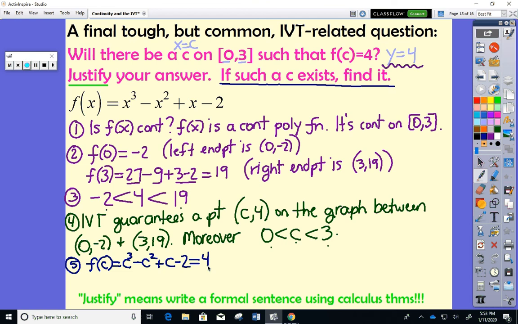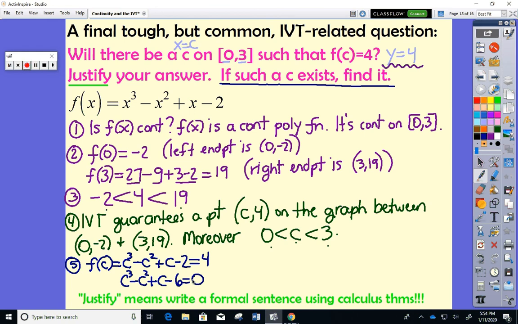So let's see here. If I were going to solve the polynomial equation, I need to put all my plain old numbers and everything else on the left. So that would be c cubed minus c squared plus c minus 6 equals 0. There's 4 terms. Oh, goodness, guys, we're fixing to get into some good stuff here, good review. I would like to group it, but it's not going to group because the ratio of c cubed to c squared, which is 1 to 1 as far as their coefficients, does not match the ratio of 1c to -6.